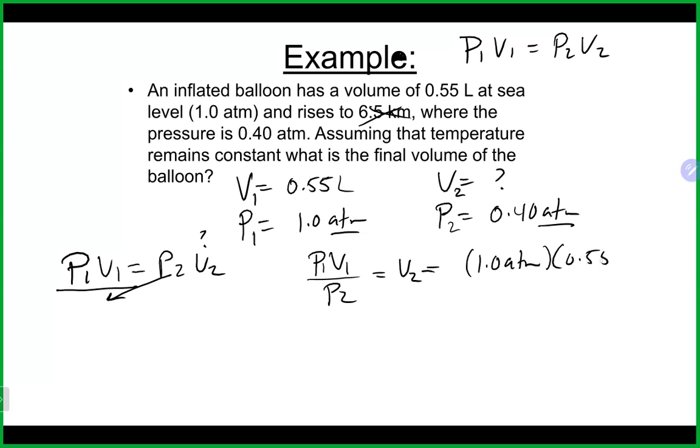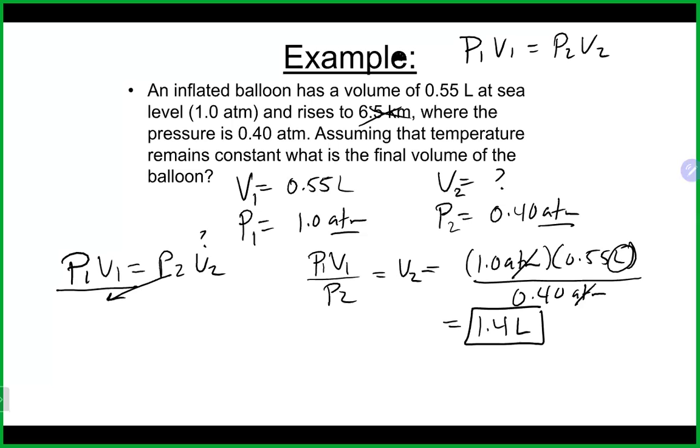V1 would be 0.55 liters divided by our P2. The atmospheres will cancel. That's going to leave us liters, which is good because we are looking for a volume. And in this case, we will end up with 1.4 liters.